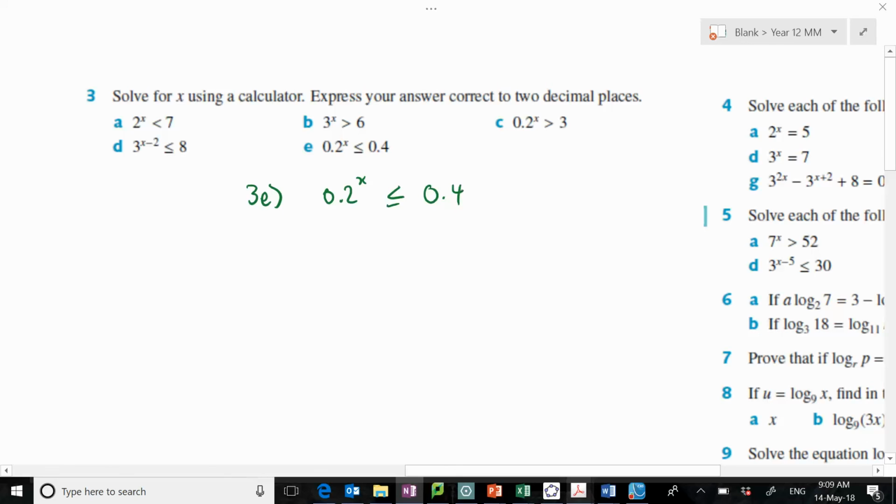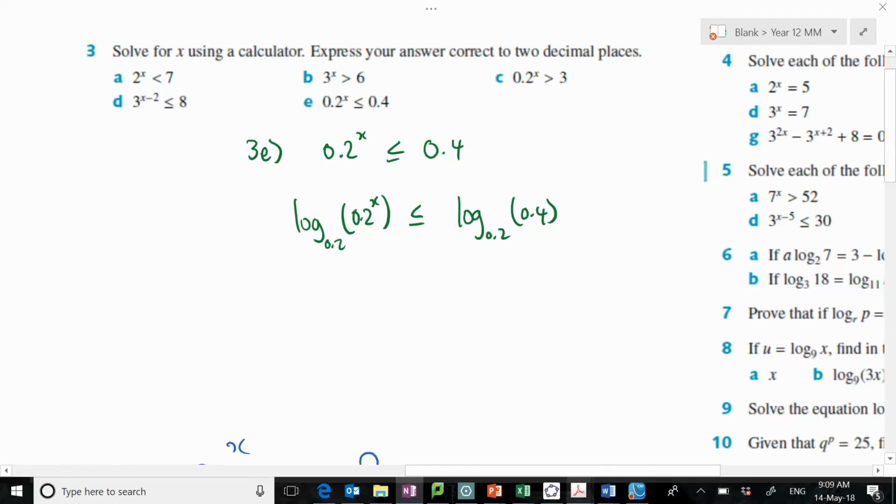If it's 0.2 as your base, to remove the 0.2 as your base, you would use logarithmic base 0.2. So that's what I'm going to do. Logarithmic base 0.2 of 0.2 to the power of x is less than or equal to log base 0.2 of 0.4. You can use law number 3, bring the x down, or you can say that they both cancel out.